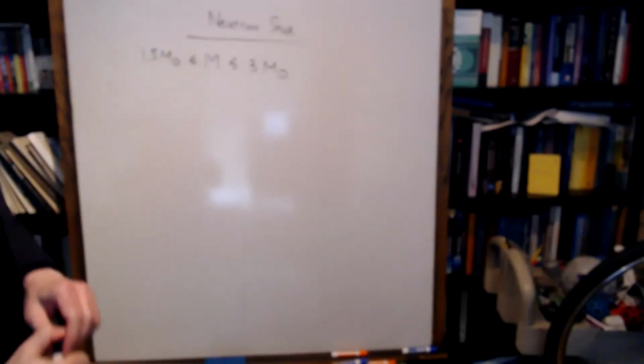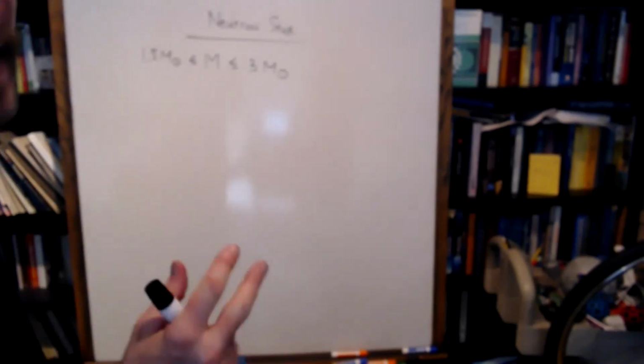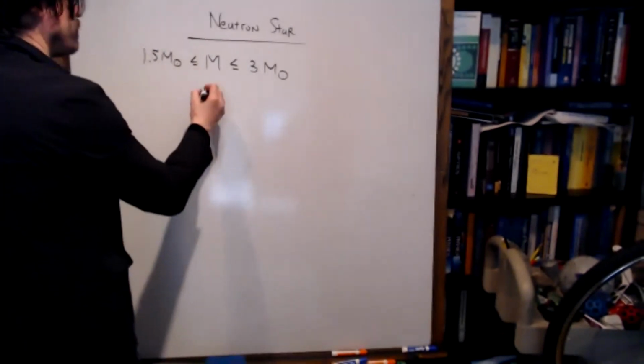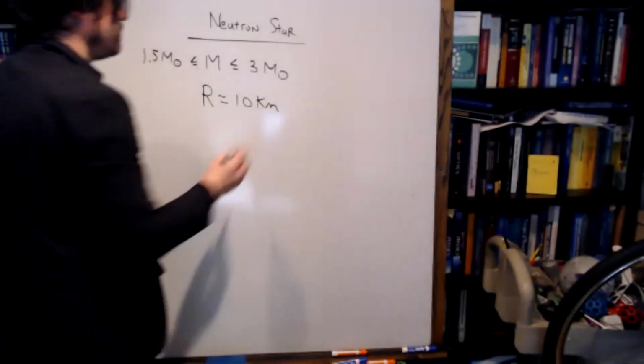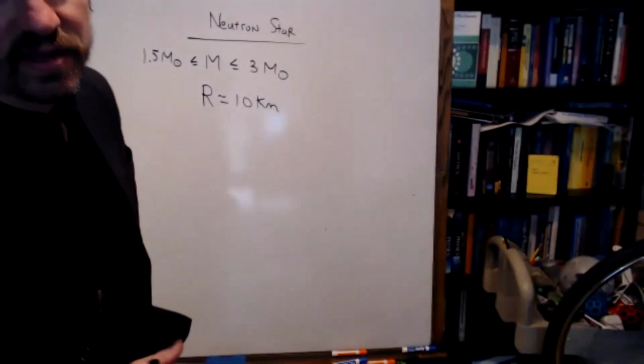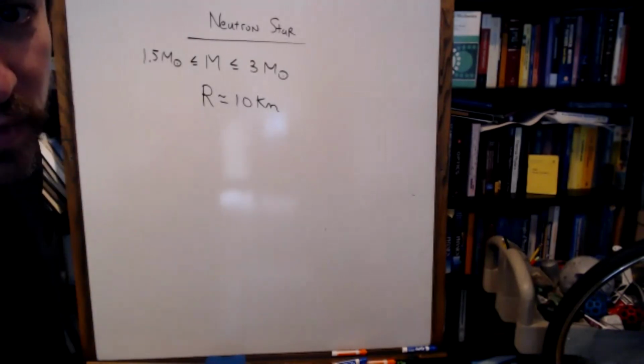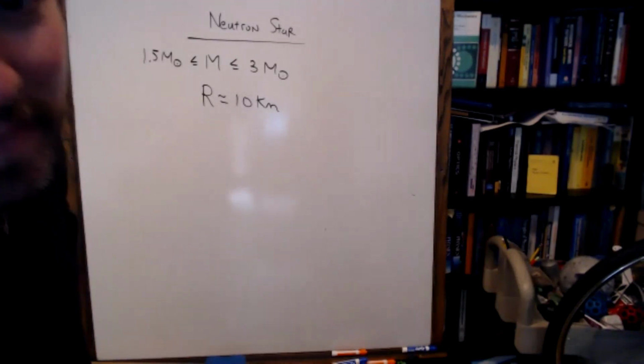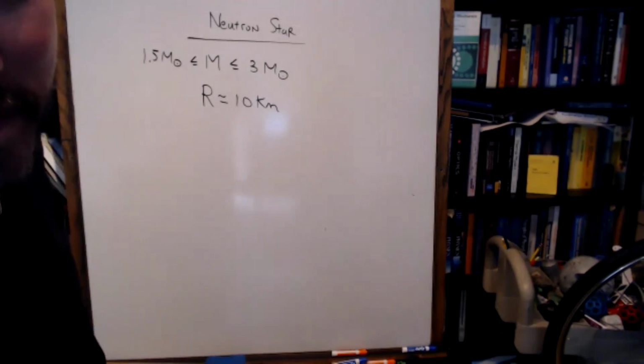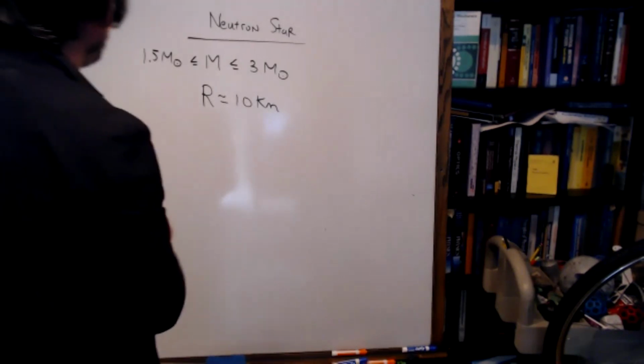It turns out that around 3 solar masses, you start getting close to black hole territory. The radii are highly compressed. 10 kilometers for a radius, that's about the size of Boston, right? So you're squeezing almost 2 solar masses into a volume of space that's similar to the city of Boston.